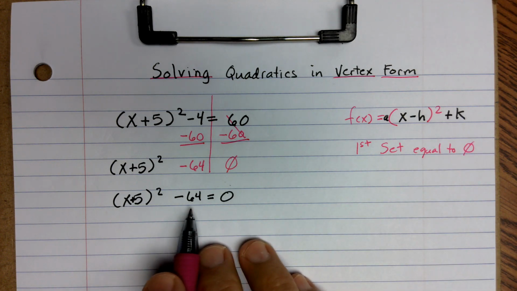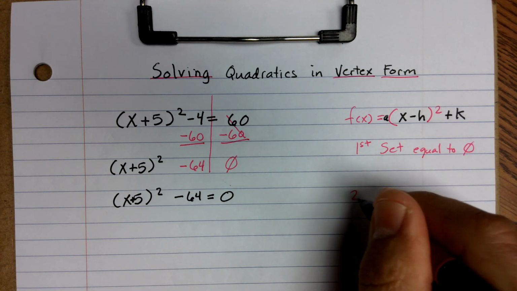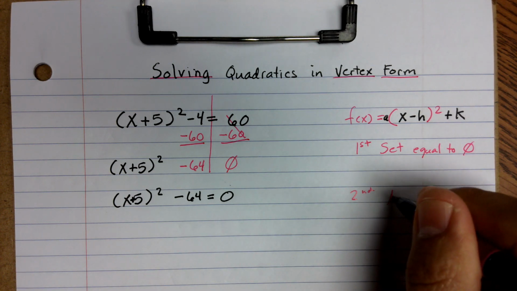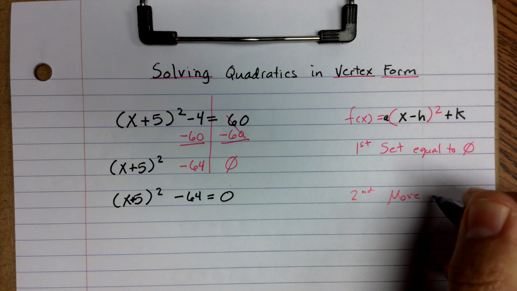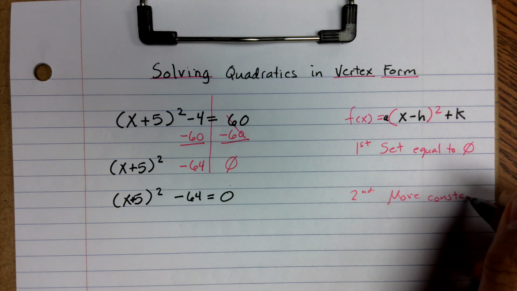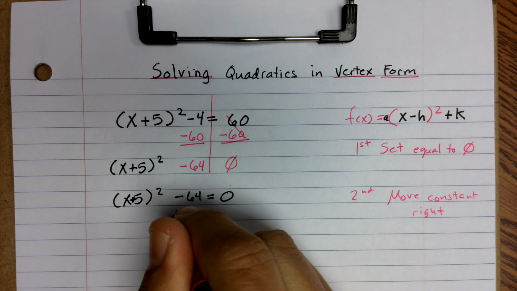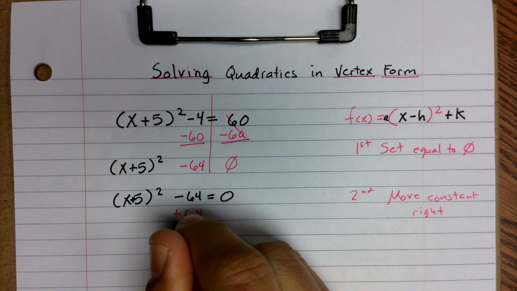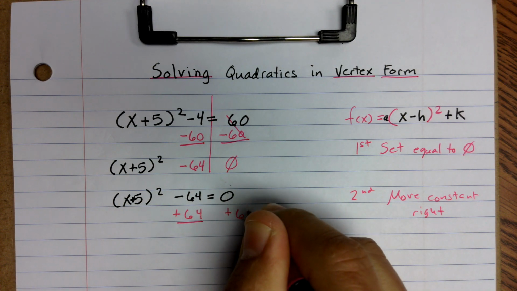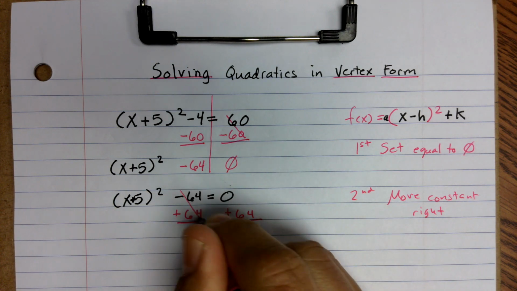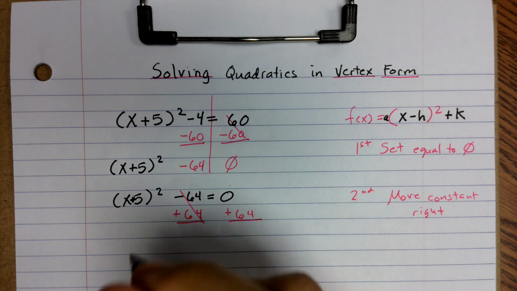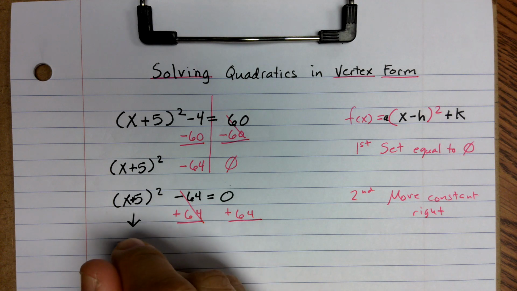So once we get here and we're ready to solve it, the first thing we want to do, second, is we're going to move the constant to the right. So I'm going to go ahead and use inverse operations to move this whole term over to the right. And then I'm going to bring down what's left over here on the left.